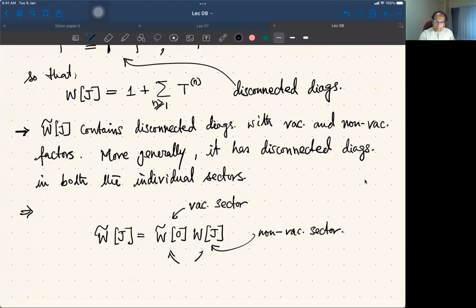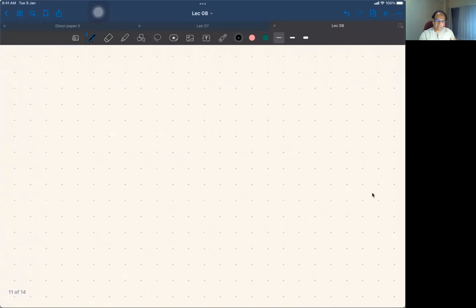Both of them contain connected plus disconnected diagrams. Now, our next goal will be to understand the structure of connected and disconnected pieces. How is there a relation, because disconnected pieces contain many connected pieces? Is there any order in that relation between disconnected and connected pieces? So let's discuss that.